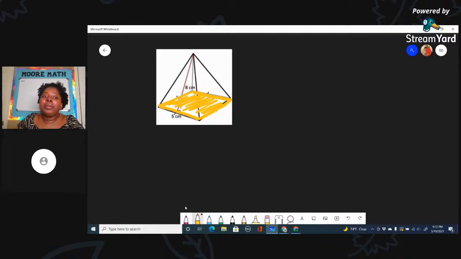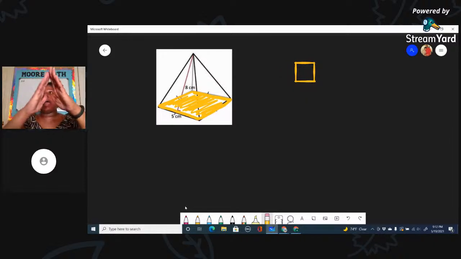So if all of the sides that surround this square are triangles, let me make a better square. How many triangles are there? So there's a triangle on the top, bottom, side, and side. How many triangles are there? 4. Yep. Okay.